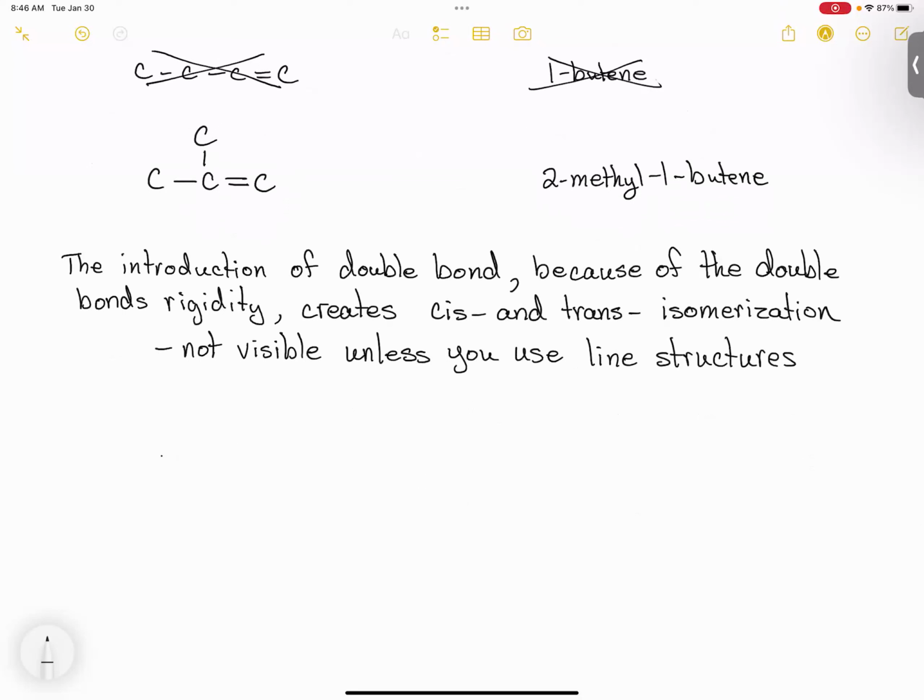So we have options with a double bond present on that second carbon. We can either put the methyl groups on the opposite side of the double bond, or we can put the methyl groups on the same side of the double bond.